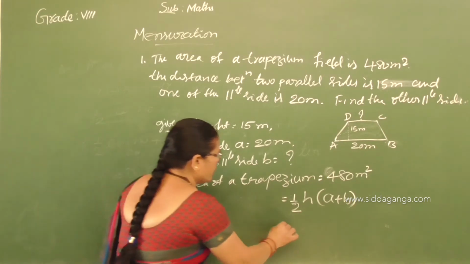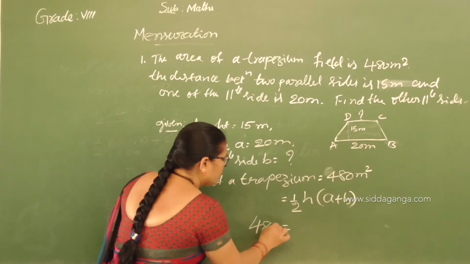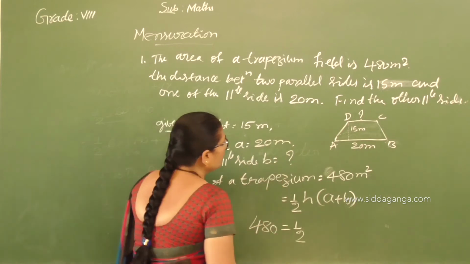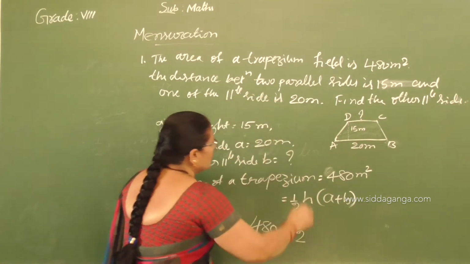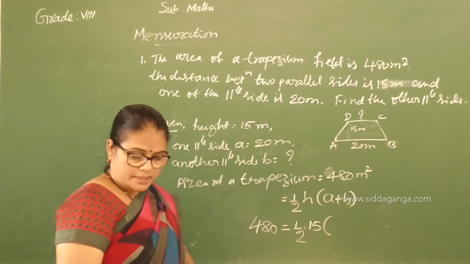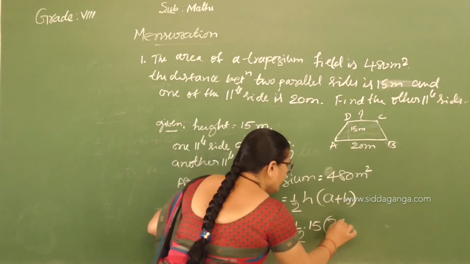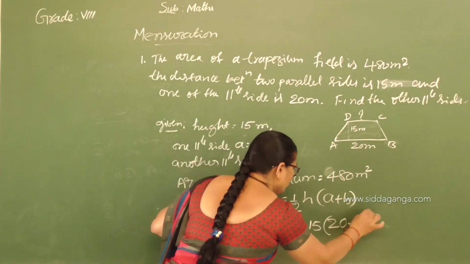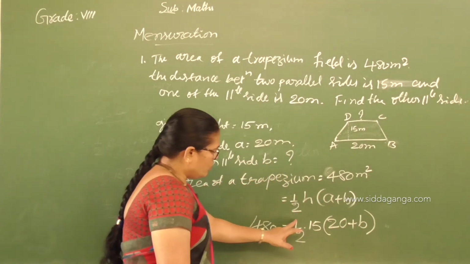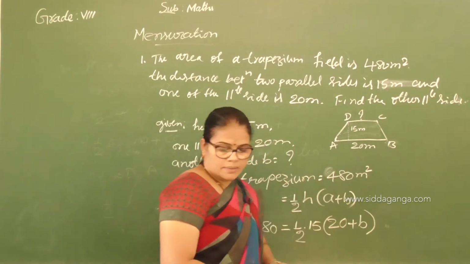Substitute the values here. 480 is equal to half into h, where h is the distance between the two parallel sides, h is equal to 15 meters. Then one side is given, 20 meter, 20 plus b, and we have to find the other parallel side. Here 480 is equal to 1 by 2 into 15 into 20 plus b.